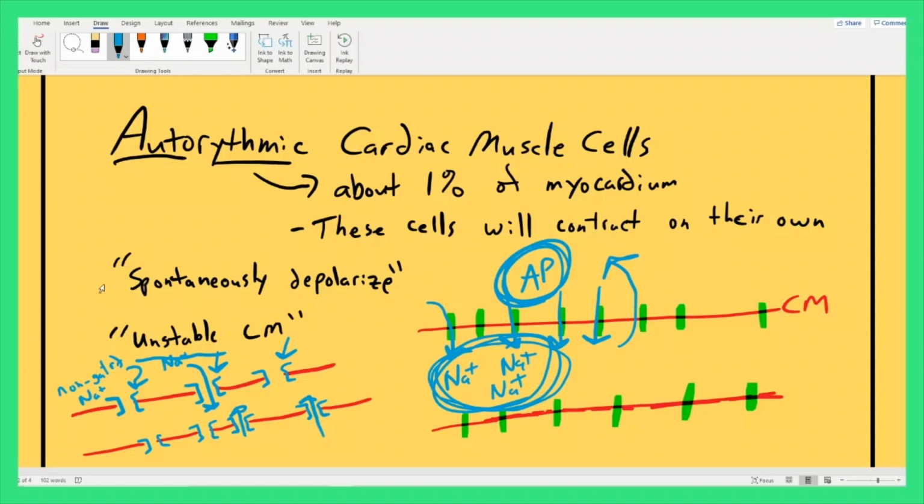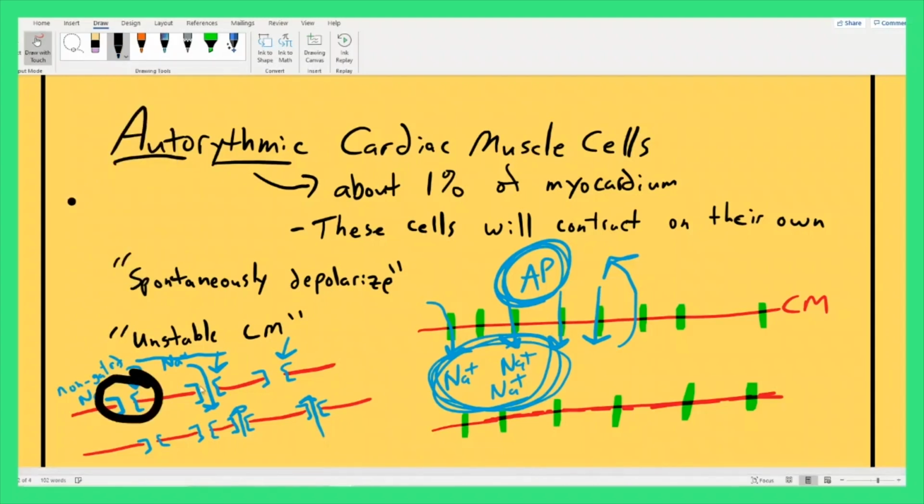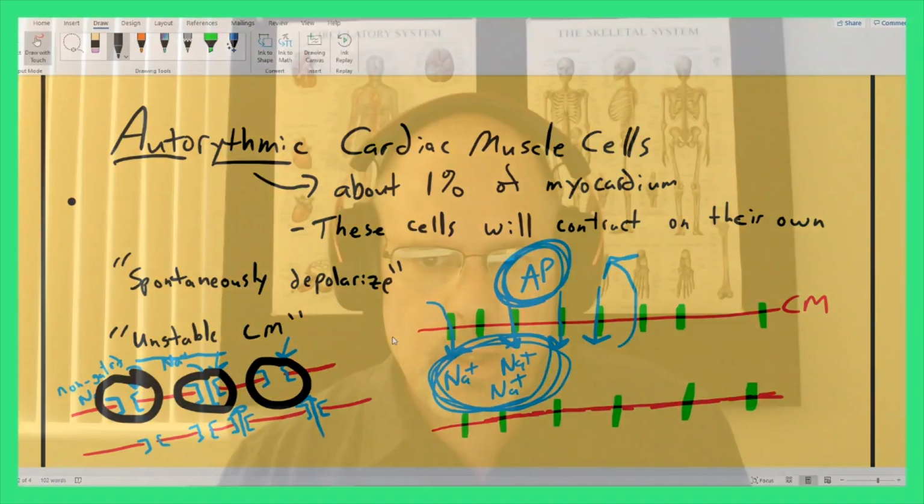They just will on their own without a neuron having to open up any doors, because they have open doors as part of their cell membrane, non-gated sodium ion channels more than other cells do. So what makes these cells depolarize? Just enough time that allows sodium to flood in, and they have an action potential, and away they go. If you're back to looking at me, why not play with the technology here?